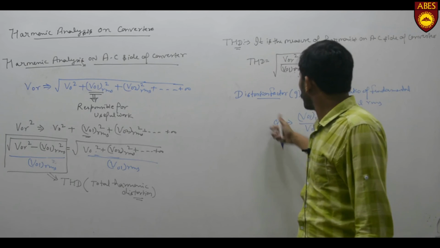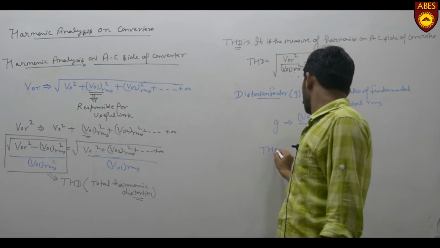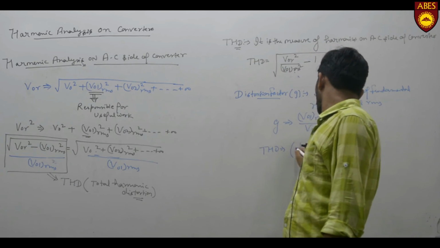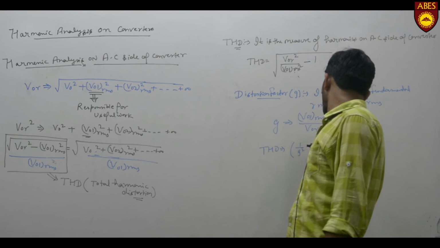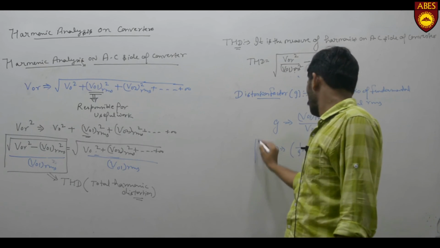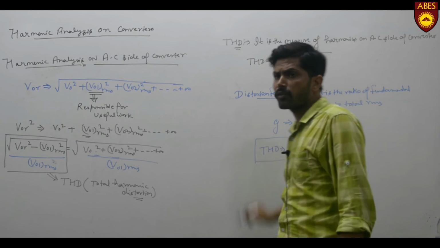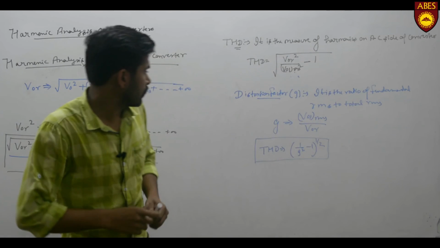If we apply the value of G here, then THD is the square root of 1 upon G square minus 1. That is the measure of harmonics on the AC side of the converter.